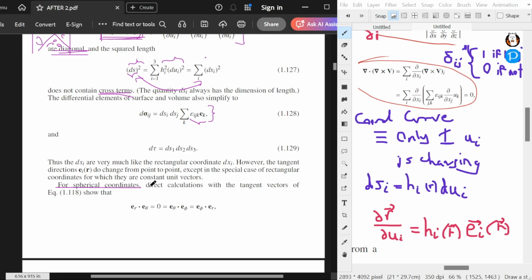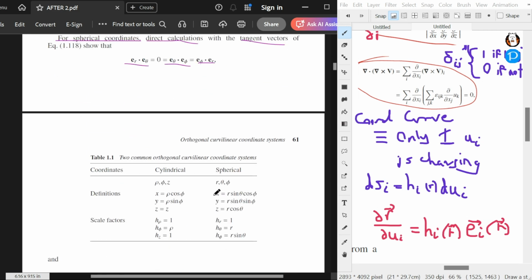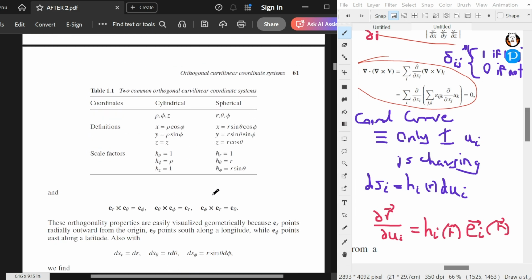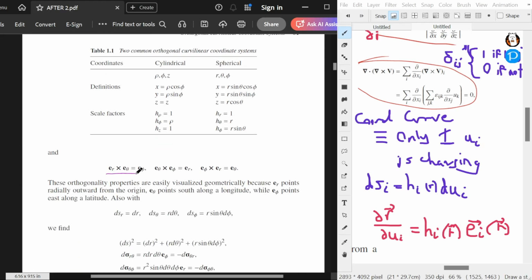For spherical coordinates, the tangent vectors show that er dot ei equals 0. And er cross etheta, if you cross two of the unit vectors in spherical coordinates, you get the third one, yeah.